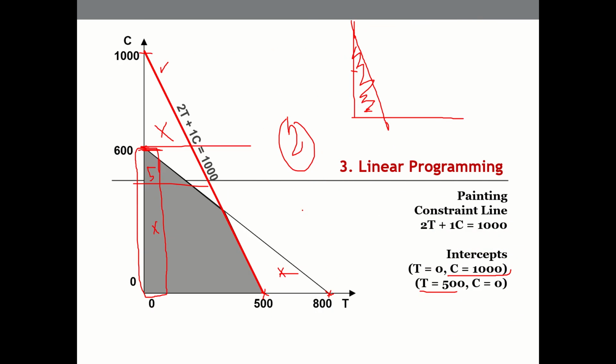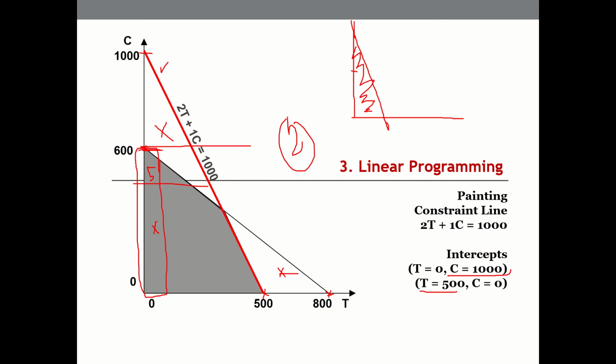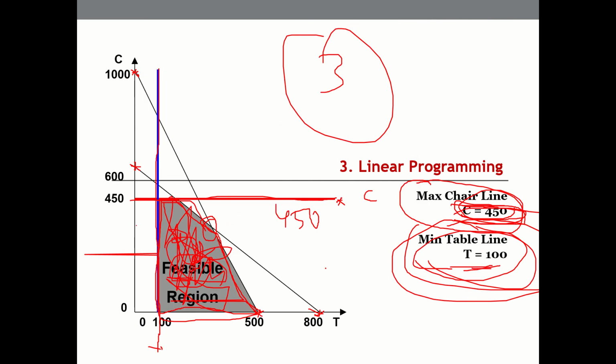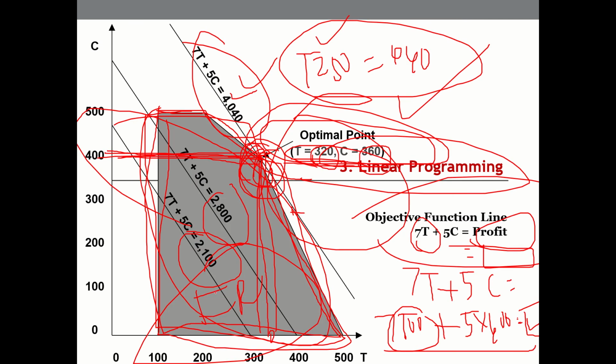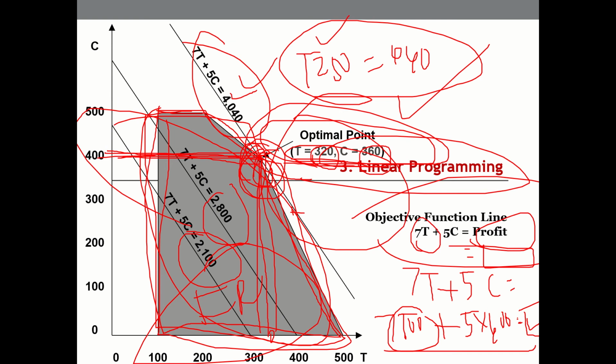That's what this is, the optimal line. See, for example, let us say for carpentry work, this is the optimal one. This is what you can do, feasible. Actually, all three constraints should be put together, and within this region we should find out what the optimal one is. Are you getting it?